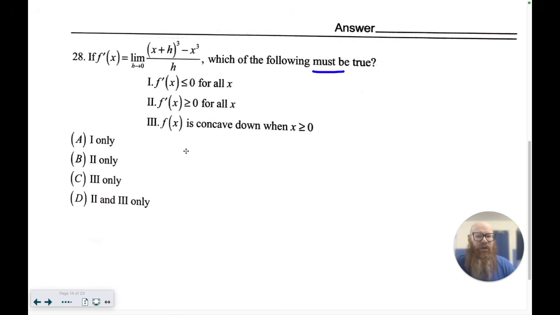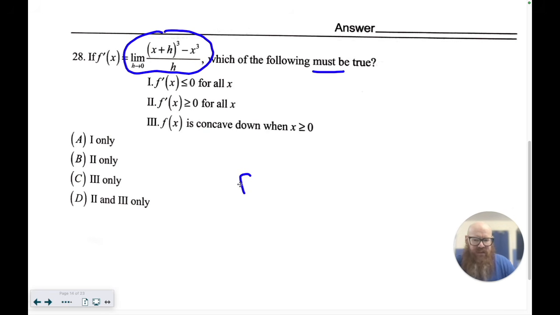And we can figure that out, but we do not want to do the actual limit of this. Notice that this is the derivative. I'm telling you f prime of x, but this is the definition of the derivative. So all we have to do is extract the actual function from that.